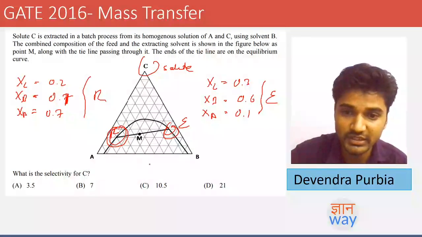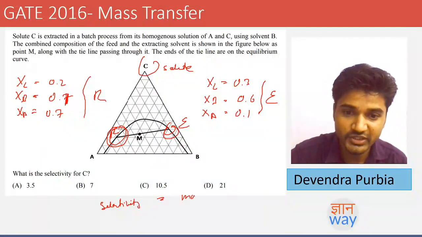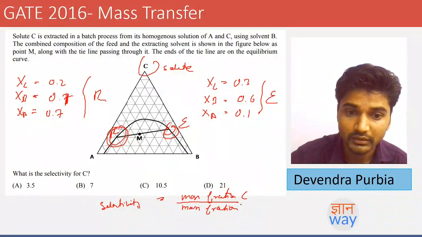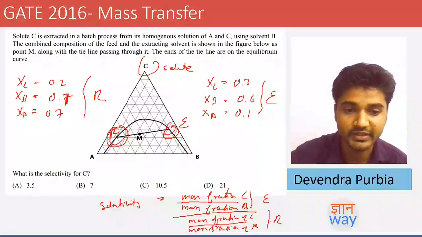So selectivity of C is defined as mass fraction of C upon mass fraction of A in the extract phase, divided by mass fraction of C upon mass fraction of A in the raffinate phase.